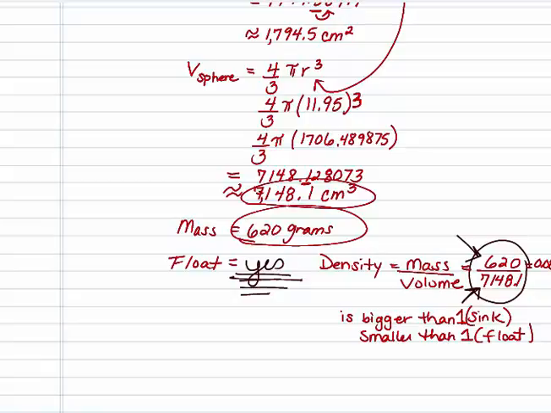I can tell right off the bat that this is going to float because this is a fraction. It's not top heavy. It's a fraction, 620 over 7,000 something. The numerator is smaller than the denominator. So I know that is going to be like a fraction, like 1/2, 1/3, 5/6, something smaller than 1. So a basketball should float.